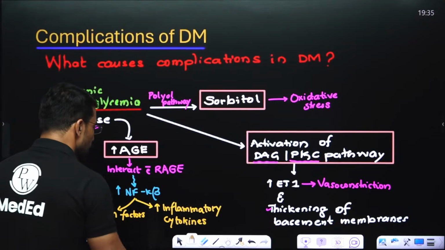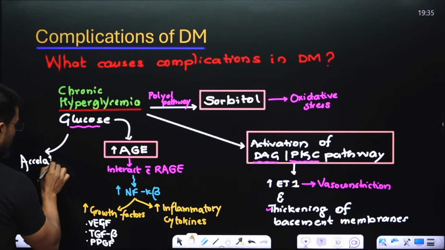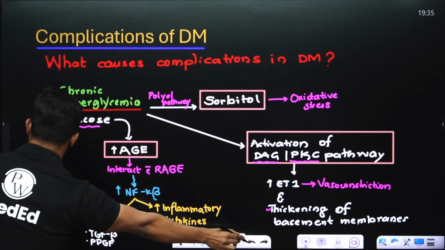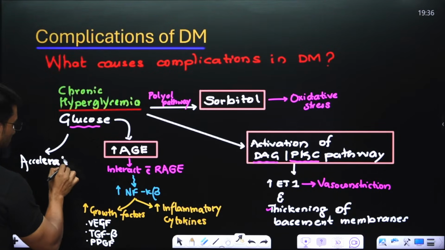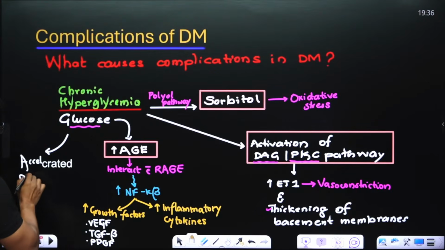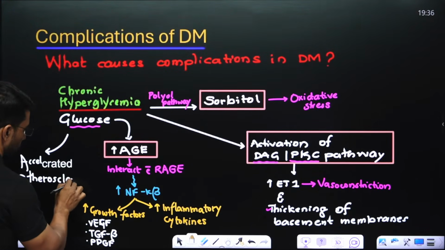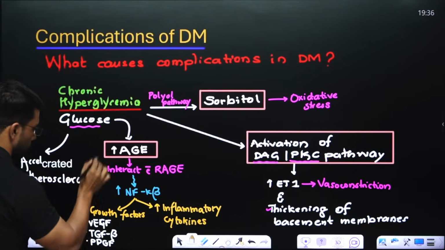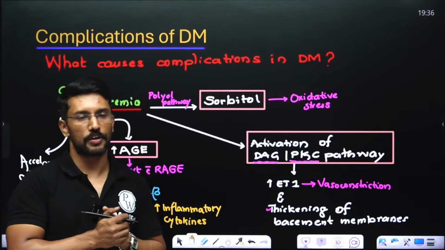Plus, long-standing hyperglycemia is also a risk factor for accelerated atherosclerosis. So patients with diabetes have faster development of atherosclerosis than patients without diabetes.